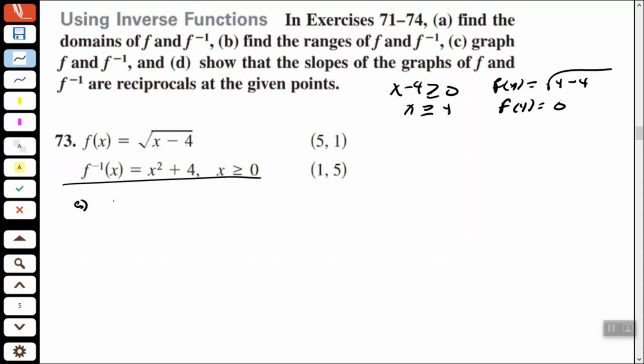So for f of x, my domain is equal to 4 to infinity, and my range is equal to 0 to infinity.